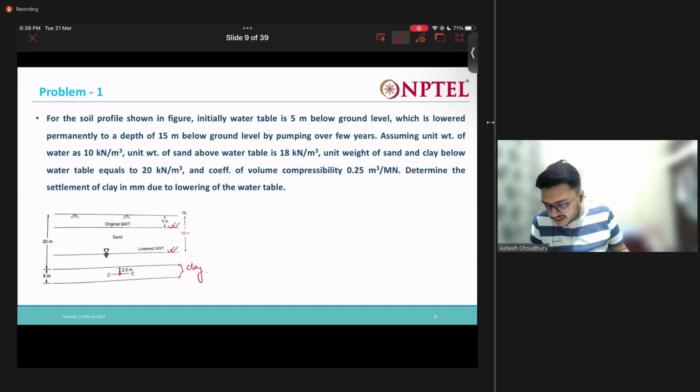Let us first calculate the effective stress at this point before lowering of the water table. My groundwater table is at this level.